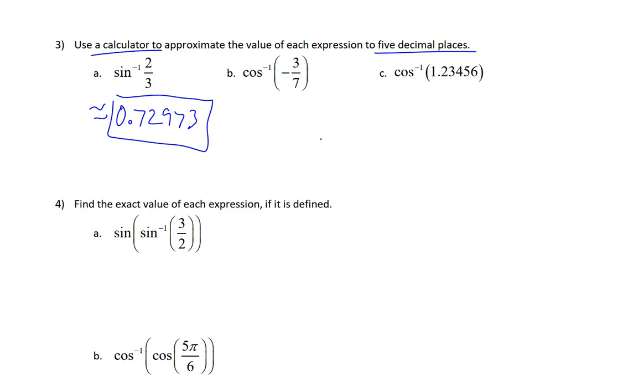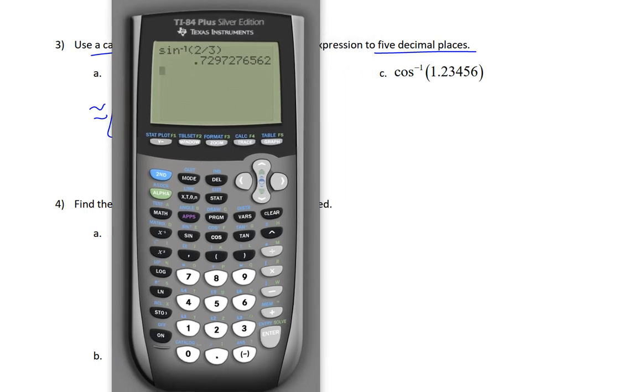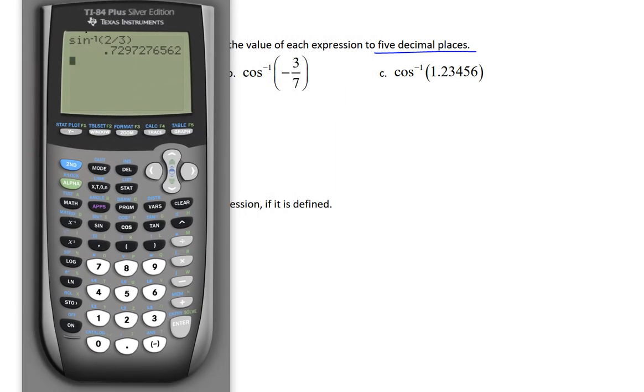Okay, so we'll do some more of these in the same kind of way. The next example says the cosine inverse of -3/7. So take our calculator back out. This time to get cosine inverse, it's the same kind of thing. We're going to hit second and then the cosine button. And as the input, we'll put in -3 divided by 7 for the -3/7. Again, close parentheses after the input.